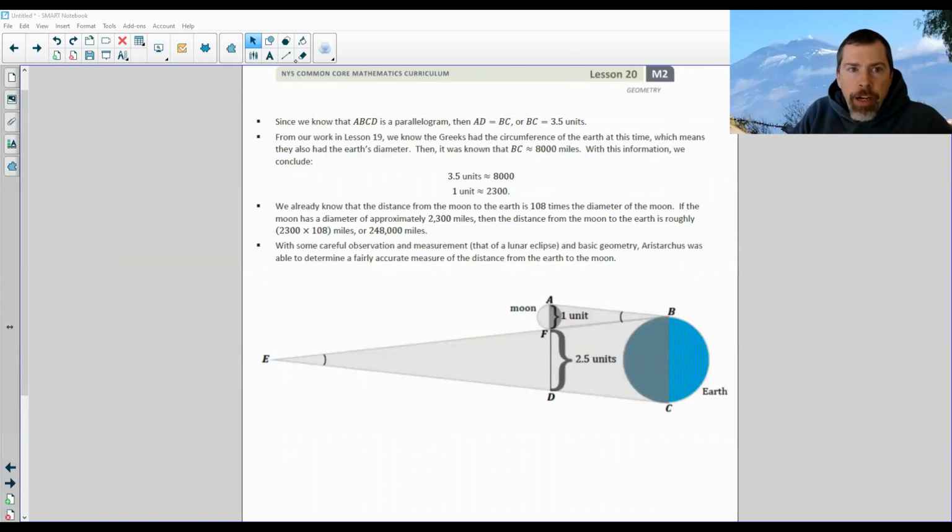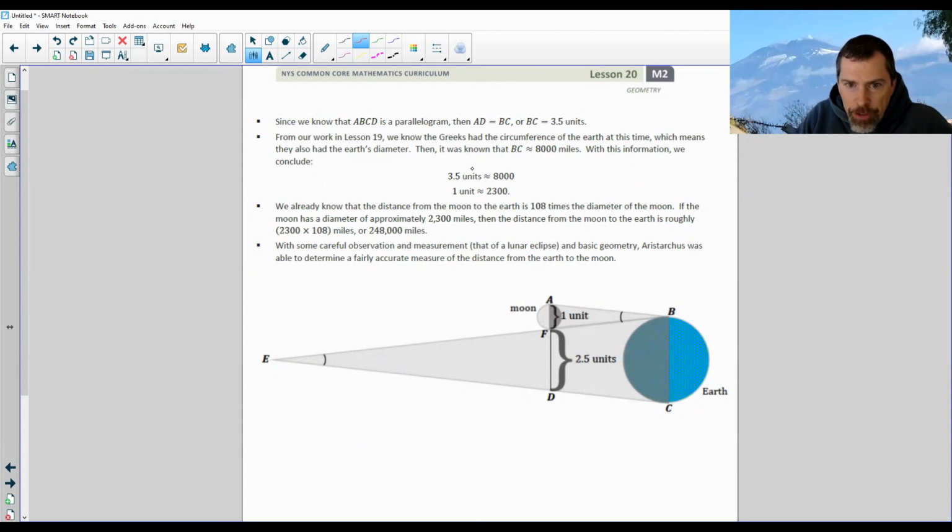Okay, so continuing on now, since we know ABCD is a parallelogram, then AD, so that's AF plus FD, equals BC, which is the diameter of the Earth. So 2.5 plus 1 is 3.5.